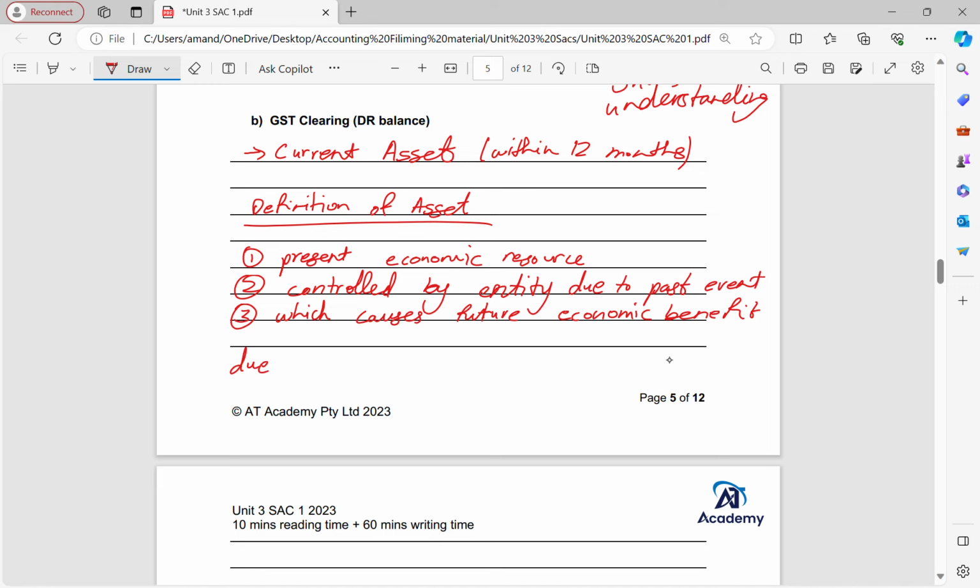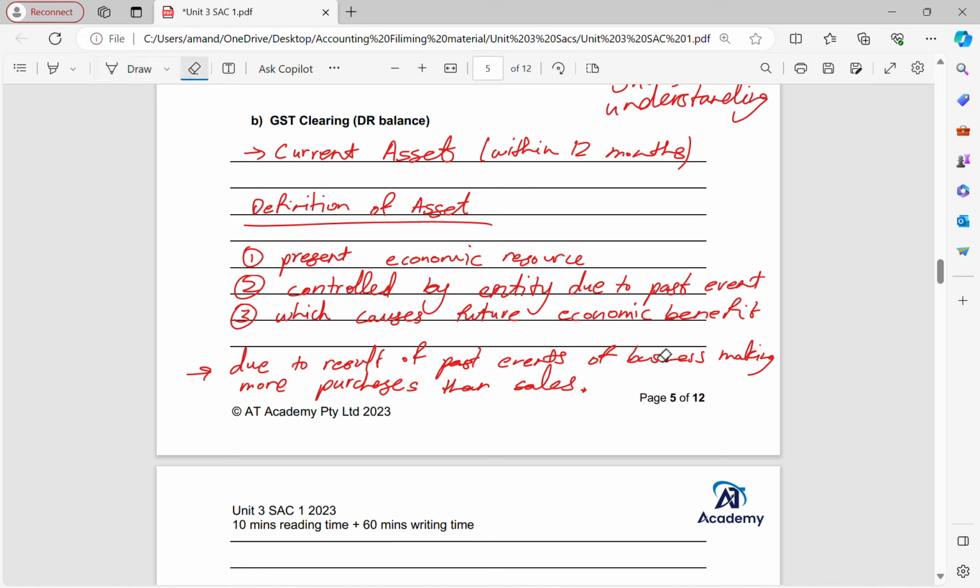And here you show your understanding: a result of past events of the business making more purchases and sales, which is probably what's going to cause the debit GST clearing. Something like that, just to show your understanding.